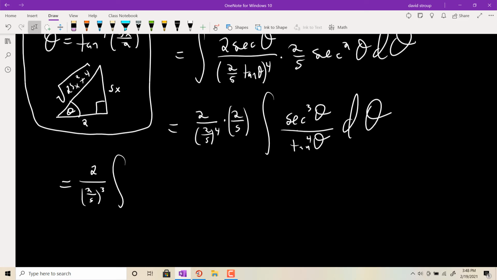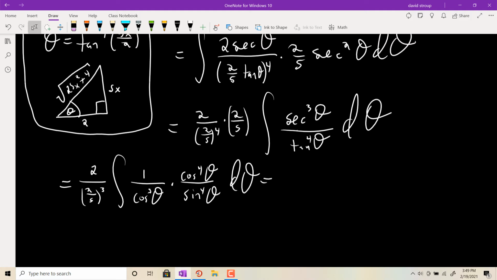Integral of, and I'm going to rewrite this, probably mess around with it in terms of sines and cosines, right? So secant cubed would be the same as 1 all over cosine cubed theta. 1 over tan to the 4th is cotan to the 4th. Cotan to the 4th is cosine to the 4th all over sine to the 4th theta.